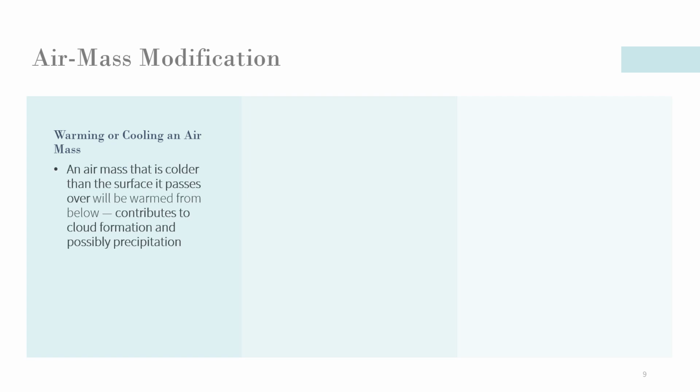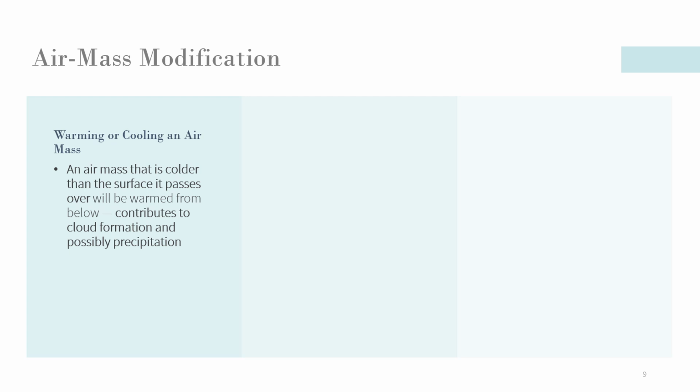It happens when an air mass that is colder than the surface it passes over is warmed from below, and this contributes to cloud formation and possibly precipitation.